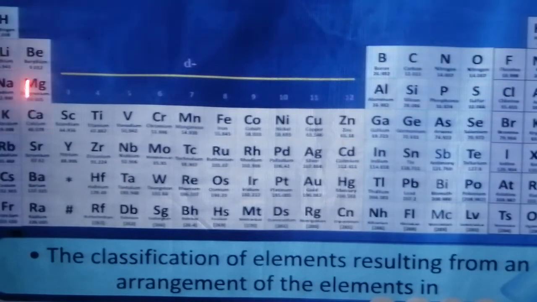See the periodic table: hydrogen, lithium, sodium, potassium. Helium, neon, argon, krypton, xenon, radon. This group is the zero group.